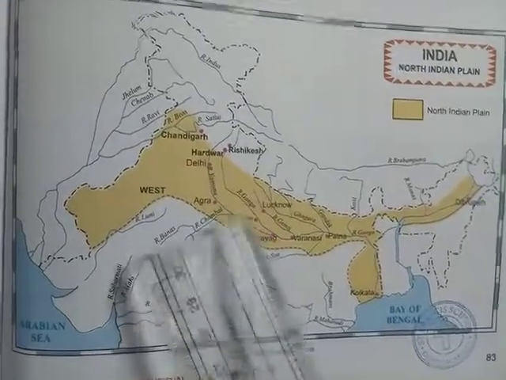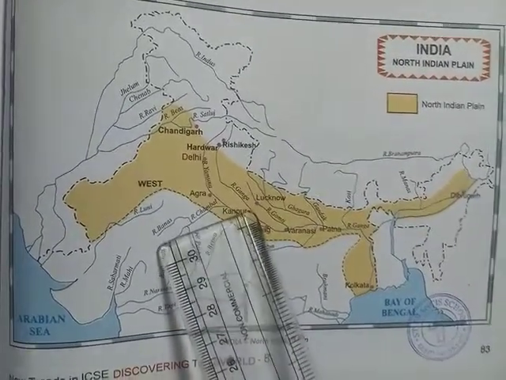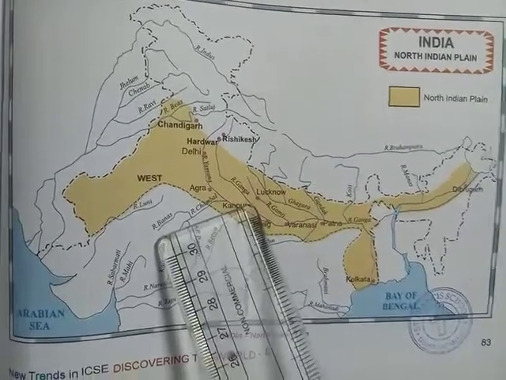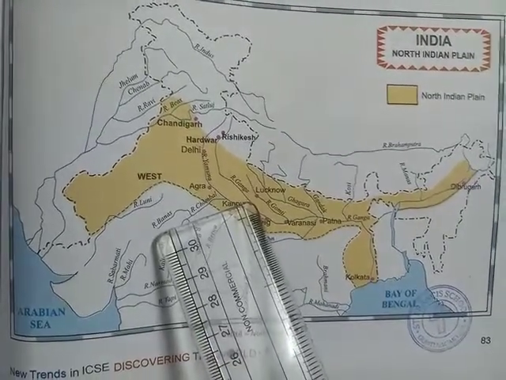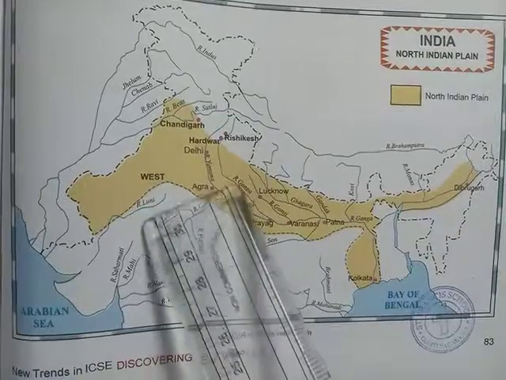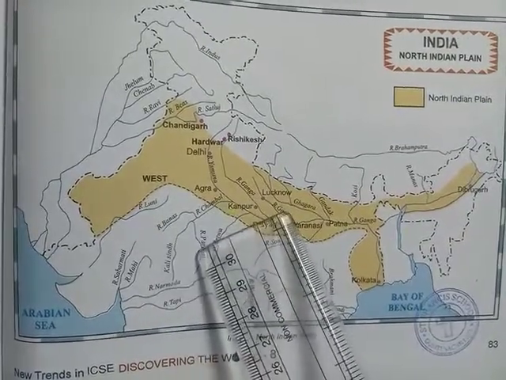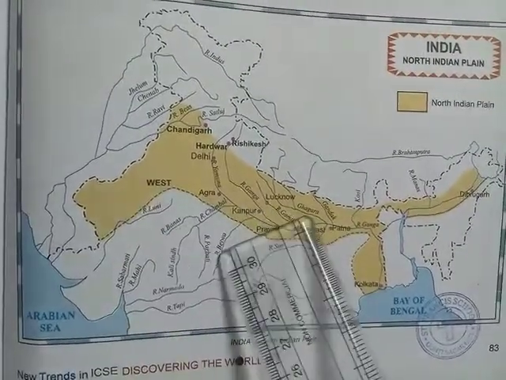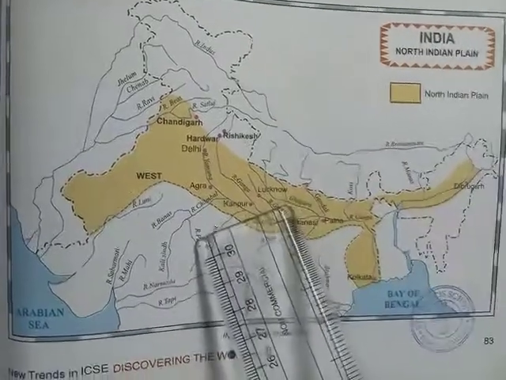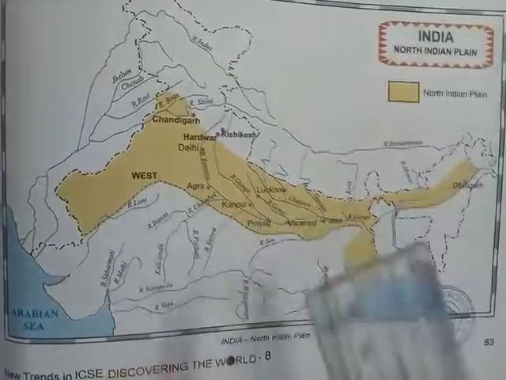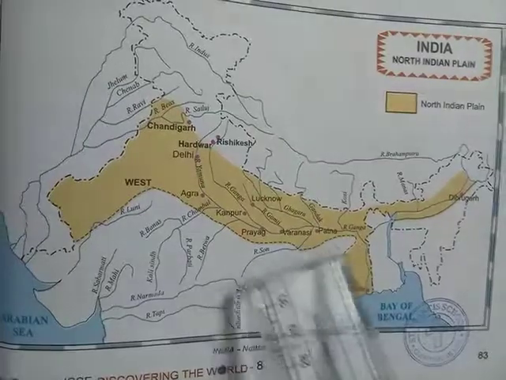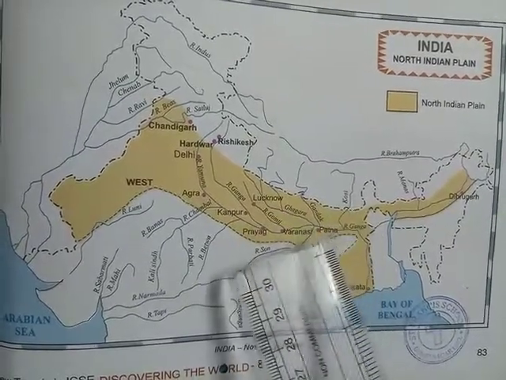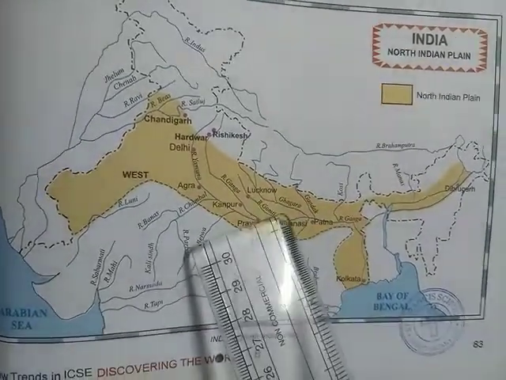Okay, children. And what is the elevation? That is not too high, that is 300 meters above sea level. So overall we could say that this is a flat lowland. That is why agriculture is possible here, isn't it? Now the next very important thing is that here we will see the world's largest delta, right?